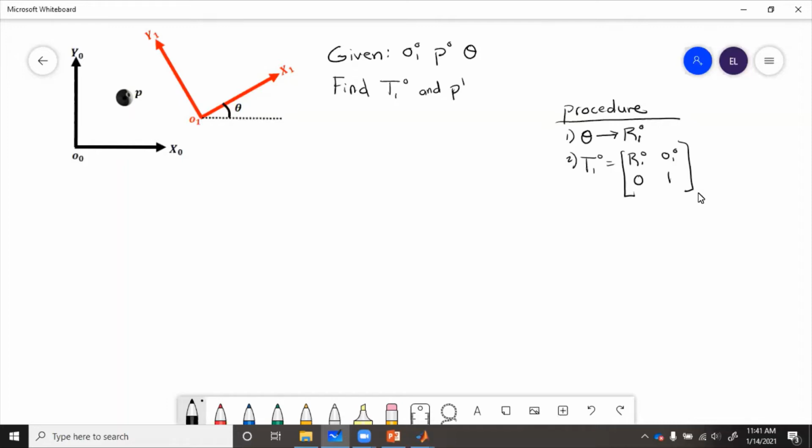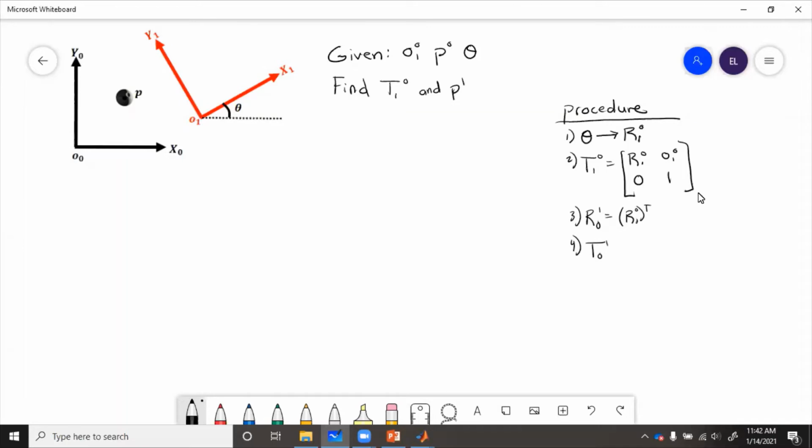But to get the new point, we recall that P1 has to equal T01 P0. So we need to get T01. First we get the inverse of R. So R01 equals R10 transpose. And then we can get the inverse transformation.